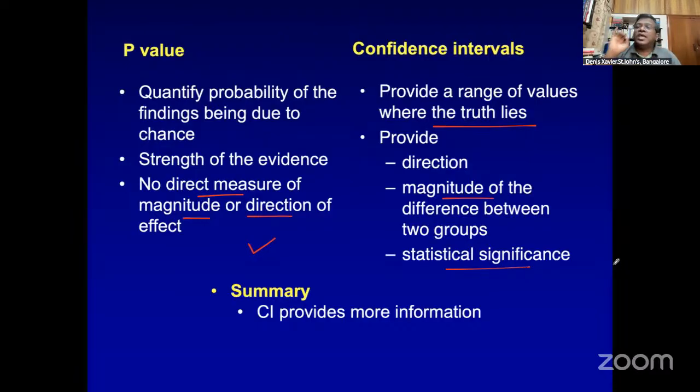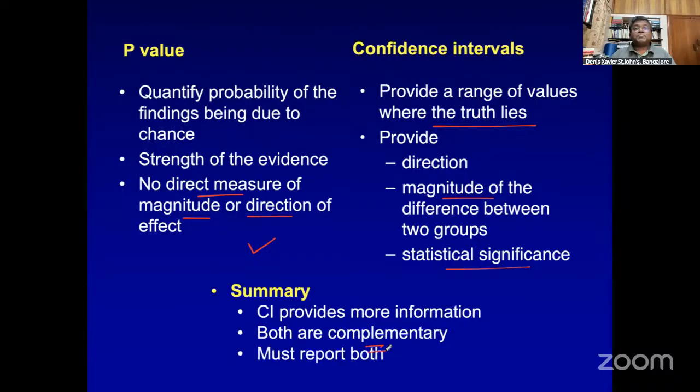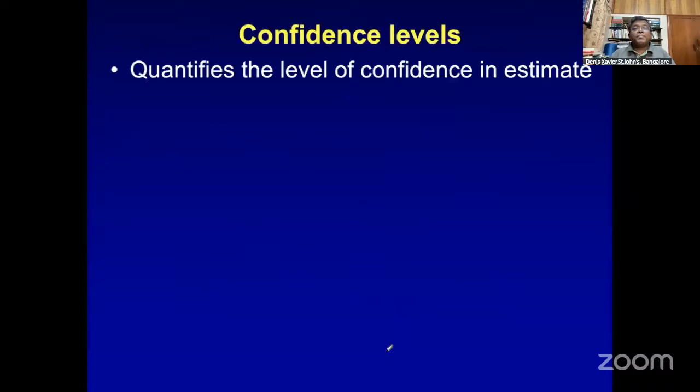Hopefully today's key take-home message for all of you is what confidence interval is and its importance. Now, do you want to say which is more important? I would say they are complementary. You need to know magnitude, you need to know direction, statistical significance, and also the strength of that evidence. All right. And better to report both in our papers.